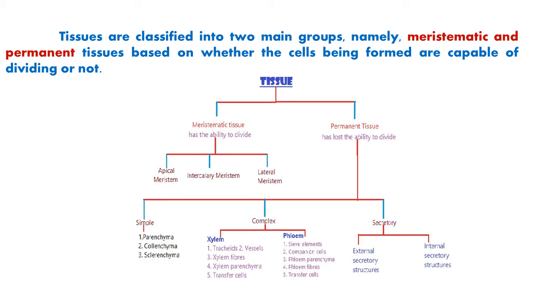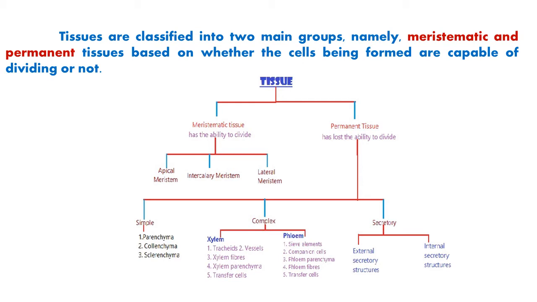Xylem is divided into 5 types: tracheids and vessels, xylem fibers, xylem parenchyma, transverse cell, and phloem is divided into 5 types: sieve cell elements, companion cell, phloem parenchyma, phloem fibers, transverse cells, and lastly secretory tissue.